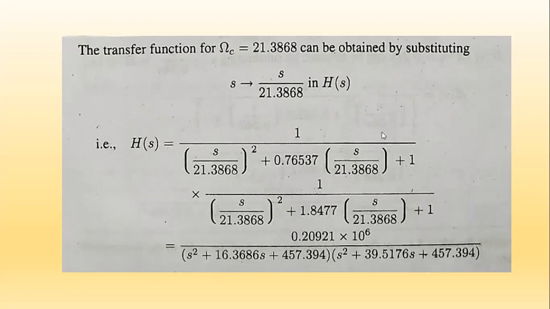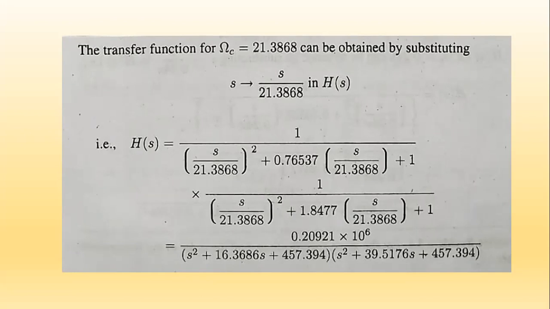That means when you want to design a filter in the digital domain, our role is to find out the order of the filter and find out the H of s. Once you have the H of s, immediately find out the cutoff frequency. Rewrite this whole equation after substituting s with s by the cutoff frequency, and whatever equation we get, this is the final equation for H of s.